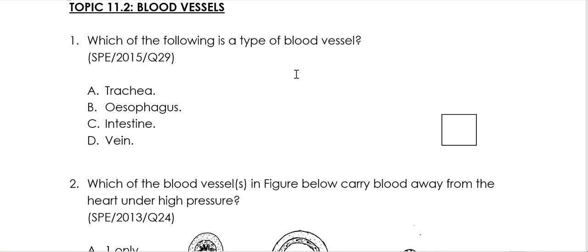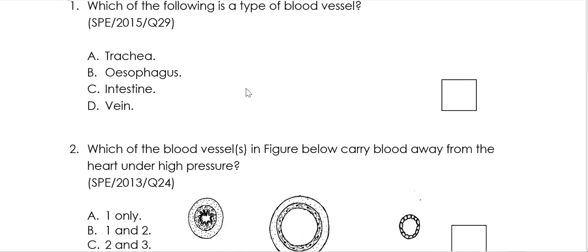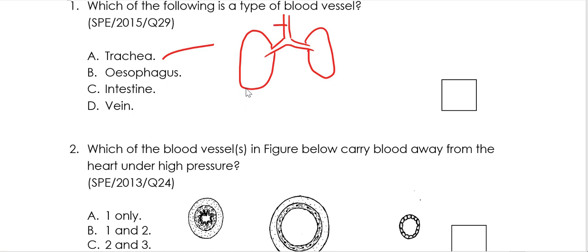Next up is the blood vessels, 11.2. Which of the following is a type of blood vessel? Trachea is actually your windpipe. If you have seen a picture of a lung, the trachea is this part right here.